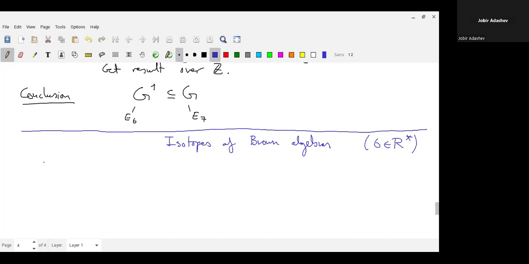So what is an isotopy between two Brown algebras?